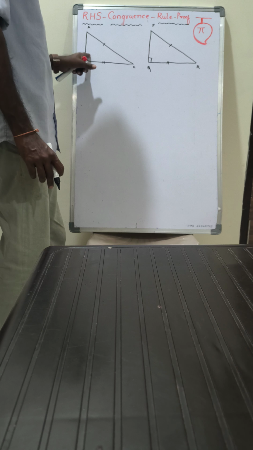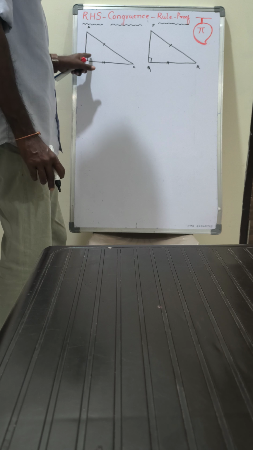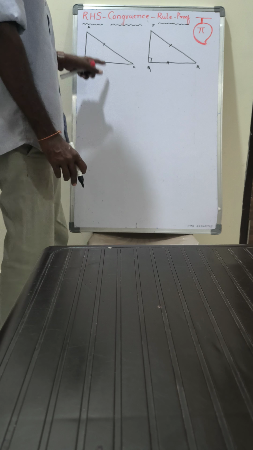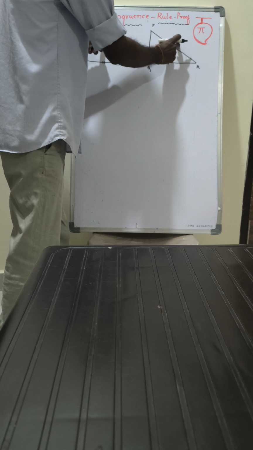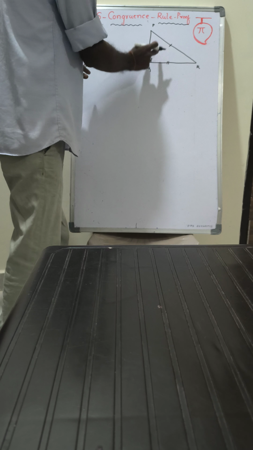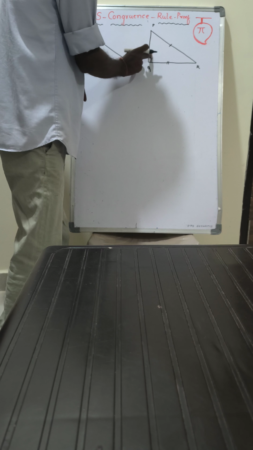The side opposite to 90 degrees is the bigger, higher side, so this side is the hypotenuse. So AC, and in triangle PQR, PR, these two are the hypotenuses of their respective triangles. PR is the hypotenuse of triangle PQR because it is also opposite to Q, which means opposite to 90 degrees.